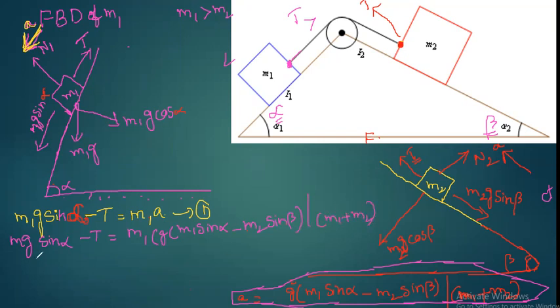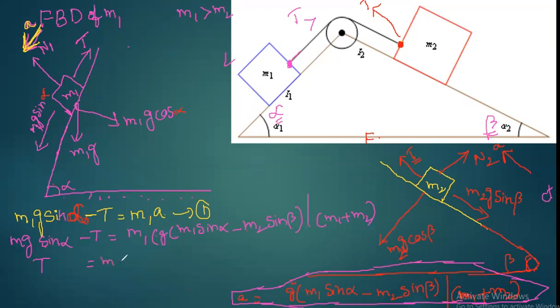Now T, I am sending T to that side. If I send T that side, this is going to be negative, right? RHS is going to be negative and LHS is positive.